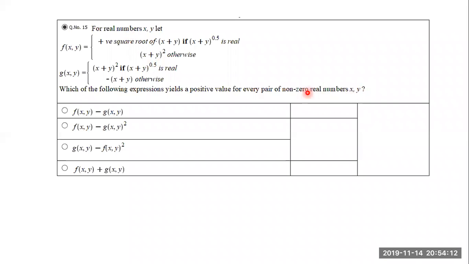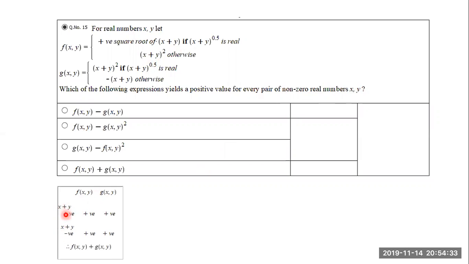When such questions come, you will have to assume x and y and then get the answers. Let us see how we are getting the answer. F of x, y, g of x, y. For every pair of non-zero real numbers, x plus y I will take positive first, then x plus y negative.